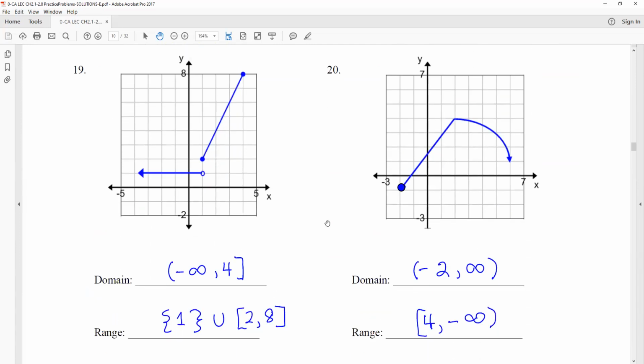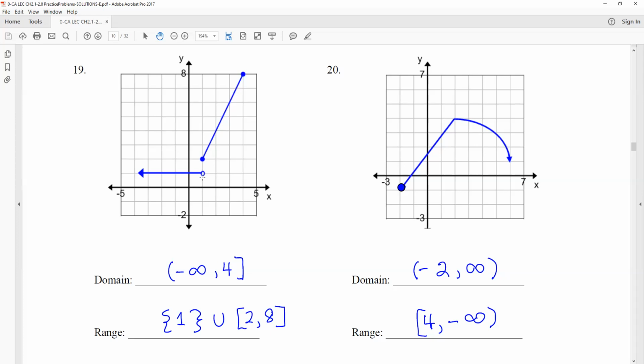Okay, number 19, another piecemeal graph. The horizontal line is represented, well, first let's do the domain. This continues forever. This included point takes care of that unincluded point, and this continues to x equals 4. So we've got -infinity to 4 inclusive for the domain.